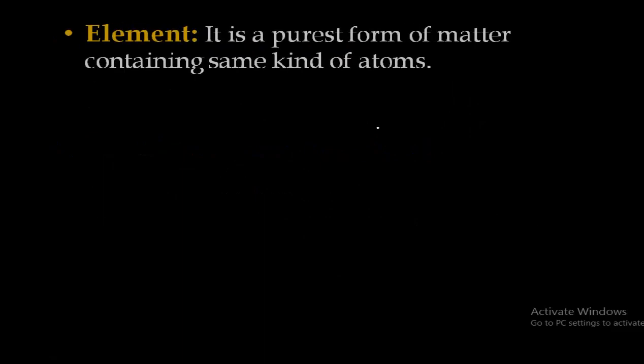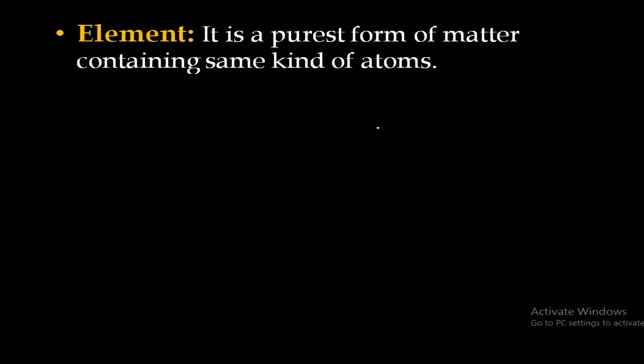Now, what does element mean? There are totally 118 elements, and among them about 90 elements are naturally occurring and 28 elements are artificially prepared in laboratories.